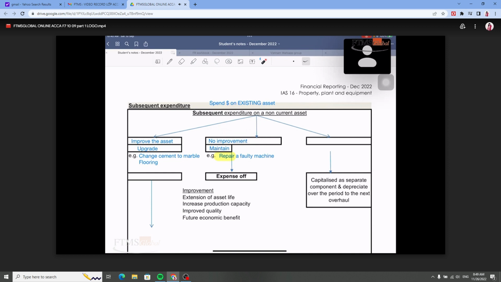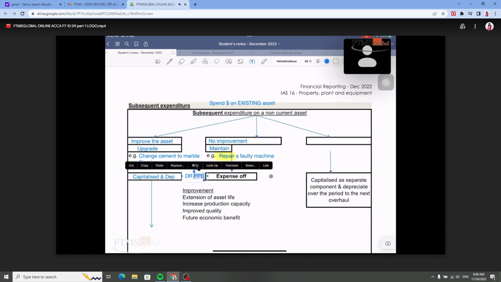Now we talk about improvement. If there's improvement, of course, it must be the opposite. The opposite of expense off must be capitalized. And of course, don't forget to depreciate. In short, it means debit PPE.